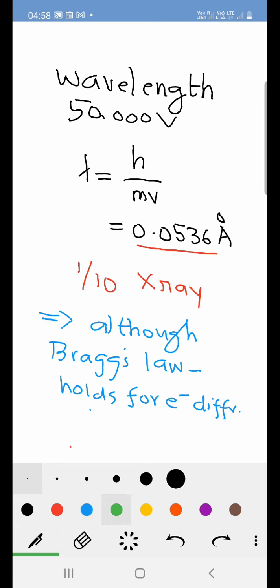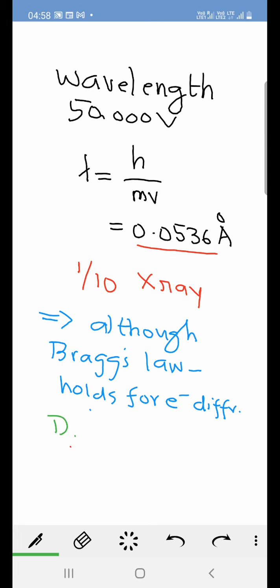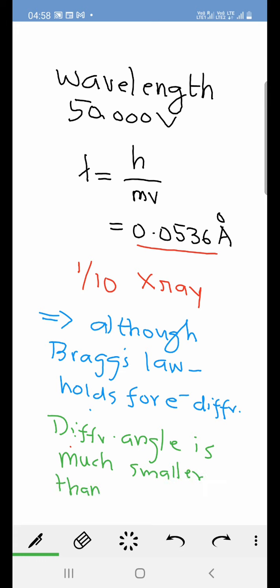The difference is the diffraction angle is much smaller than X-rays.